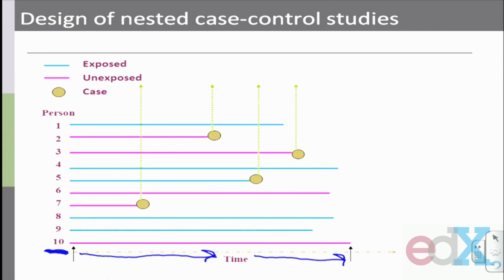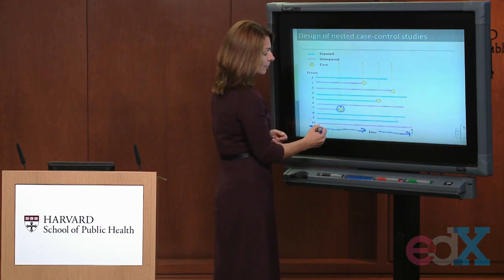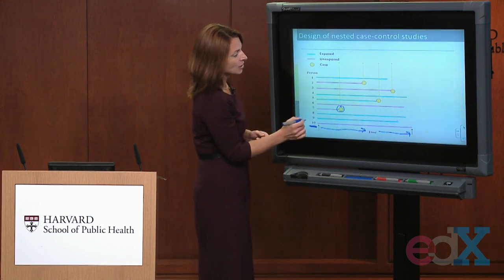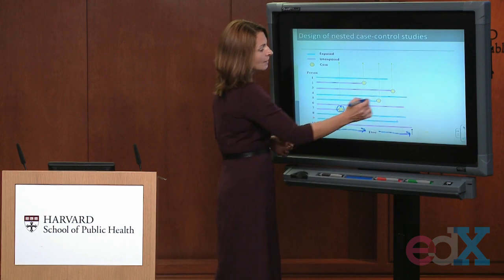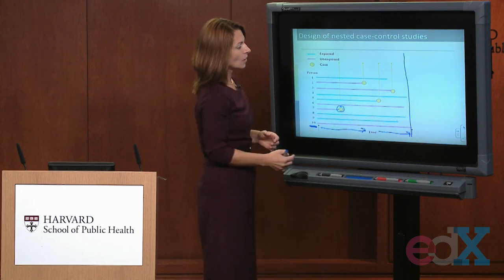Well, during time, some of the individuals will develop your disease of interest, so in this case, prostate cancer. Some people may die of another cause before the end of the study, but you follow them for a certain amount of time. And then occasionally, and hopefully not too many people, you might lose them to follow up. And then finally, you have some men who reach the end of the study. So this is the hypothetical cohort study.